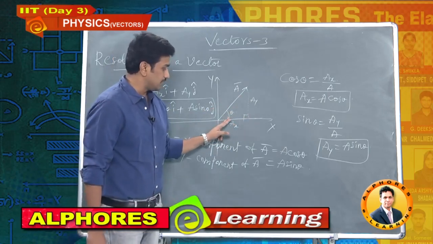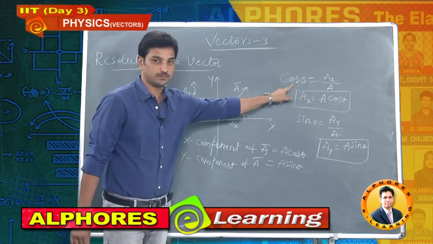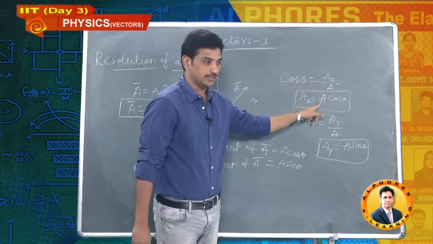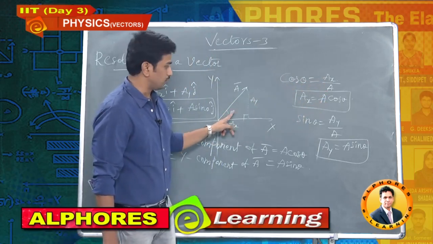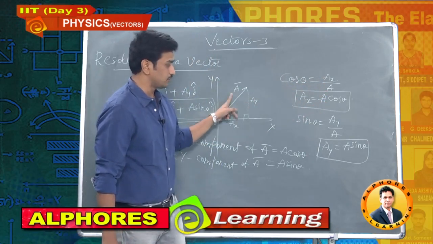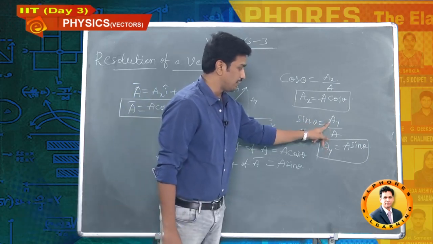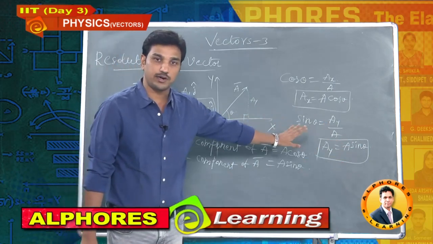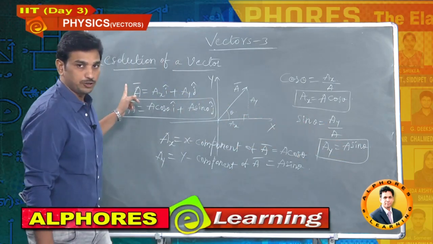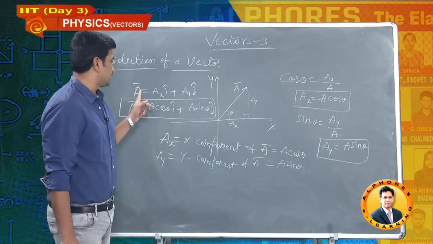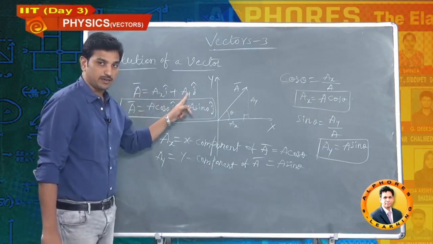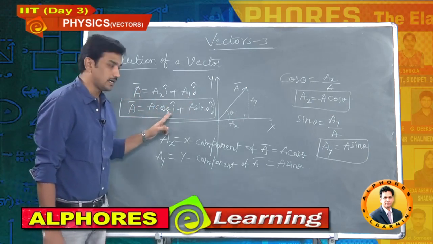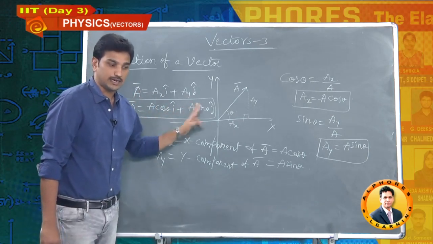Cos theta is adjacent side by hypotenuse, so Ax is equal to A cos theta. Sin theta is opposite by hypotenuse, Ay by A, so Ay is equal to A sin theta. After calculating the x and y components, we substituted in our equation: A bar is equal to Ax i cap plus Ay j cap, and the final answer is A bar is equal to A cos theta i cap plus A sin theta j cap.